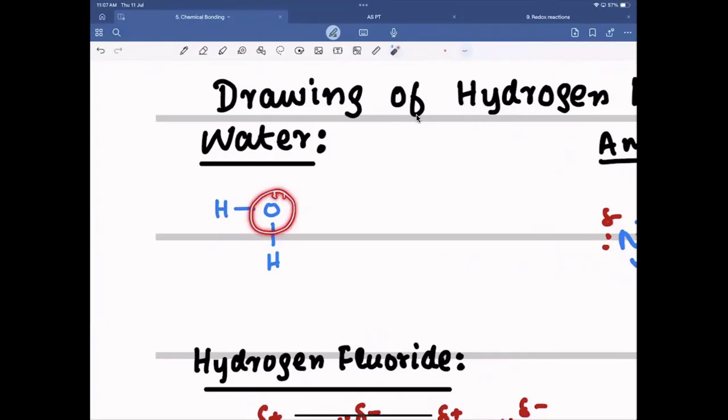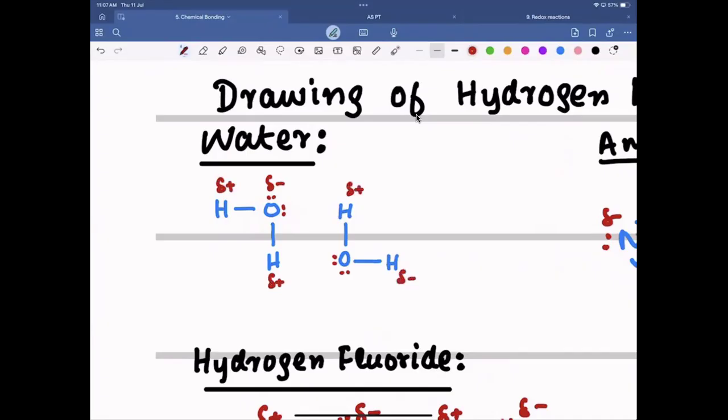Yes, sir. So I will draw another water molecule in such a way that its hydrogen, which is bonded to oxygen, must face this oxygen. Okay, so oxygen has 2 lone pairs. Oxygen has partial negative, hydrogen has partial positive, right? Yes, sir.